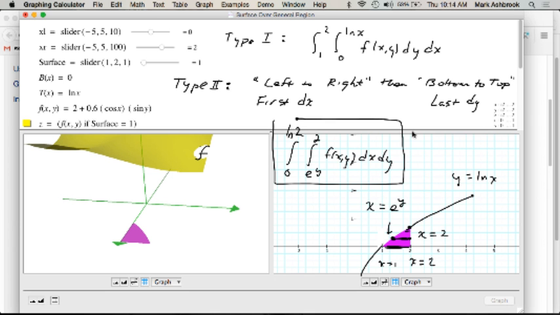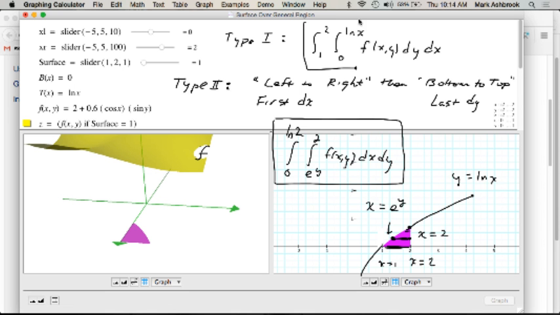So when you do type 2, your inside limits are going to be x as a function of y. And then your outside limits will be constant values of y. It has to be that way. You can't have functions on your outside integral, because then you end up with an expression, you won't get a number. And we know we're going to get a number, which is, in this case, the volume, right?